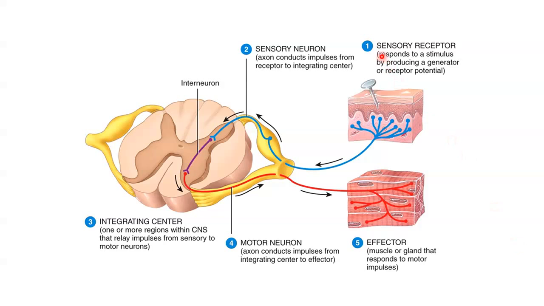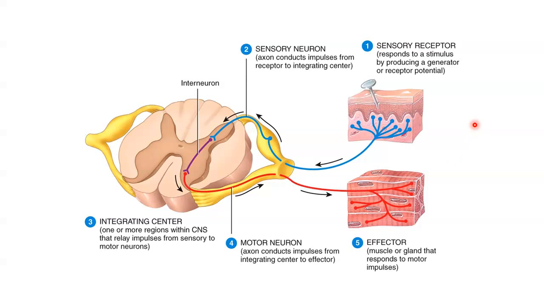So firstly, we have a sensory receptor. You can just call it a receptor. Sometimes this is the distal end of a sensory neuron. Sometimes we will actually have a specialized receptor that then synapses with a sensory neuron. A receptor will detect a change in a stimulus.